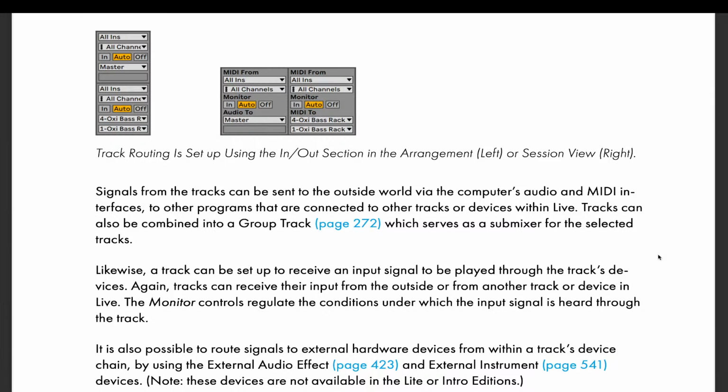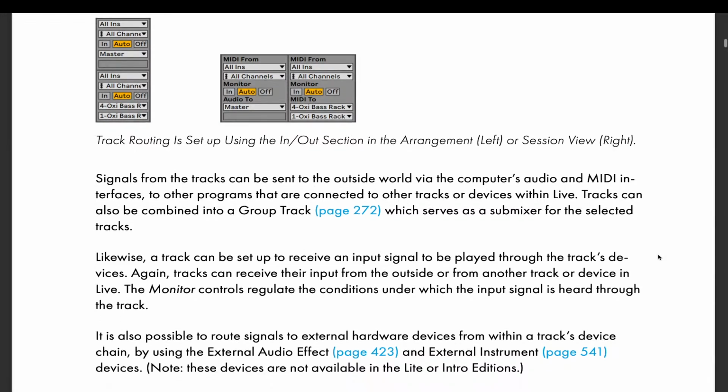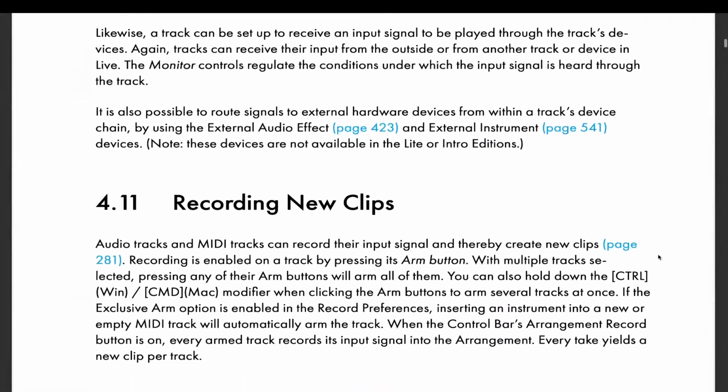Tracks can also be combined into a group track, page 272, which serves as a submixer for the selected tracks. Likewise, a track can be set up to receive an input signal to be played through the track's devices. Again, tracks can receive their input from the outside or from another track or device in Live.